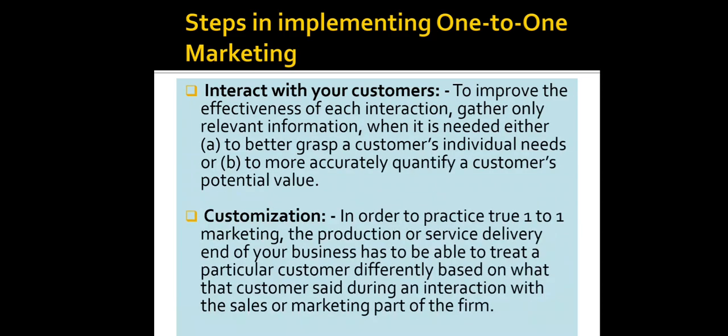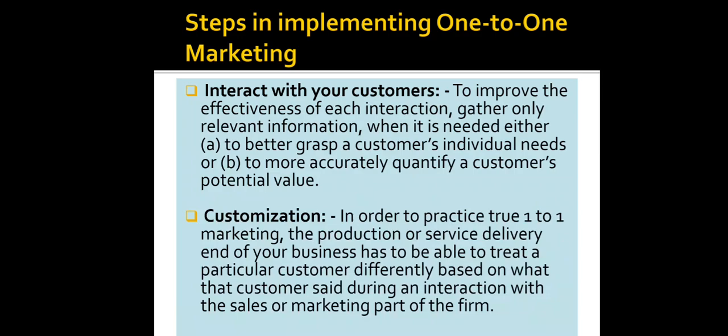The third step is interact with your customers. Now, the next step is to improve both the cost efficiency and effectiveness of your interaction with the customer. And to improve the effectiveness of each interaction, gather only relevant information.